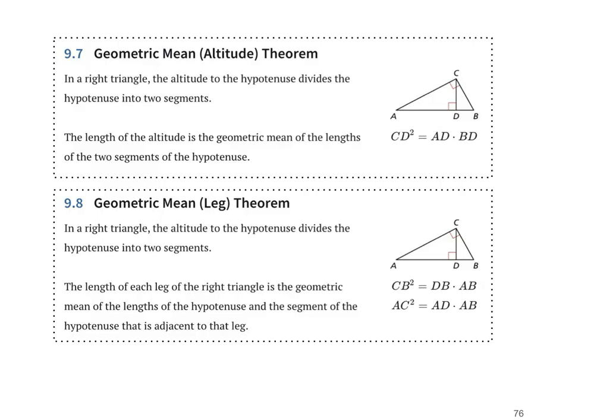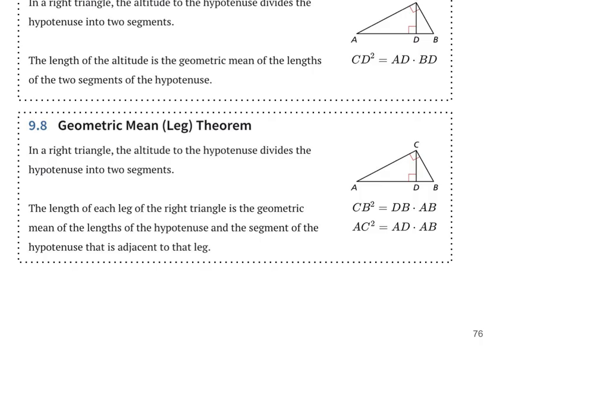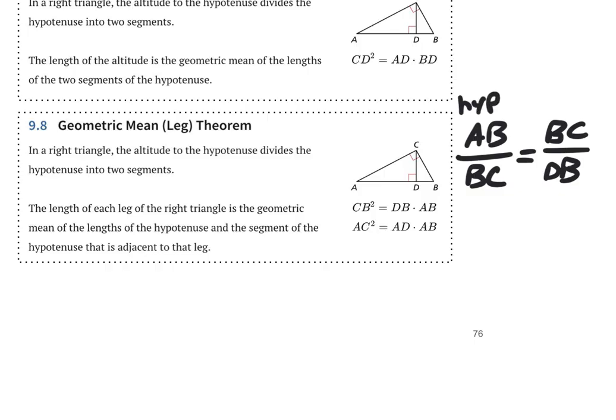This one down here, I'm going to say AB is to BC as BC is to DB. I'll tell you what this is talking about, okay? AB is the hypotenuse of the whole thing. And if you wanted to write that, you could write hypotenuse above it.